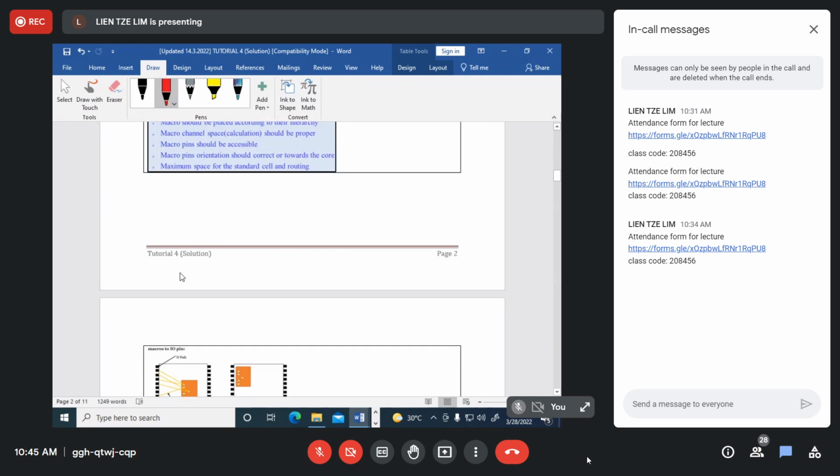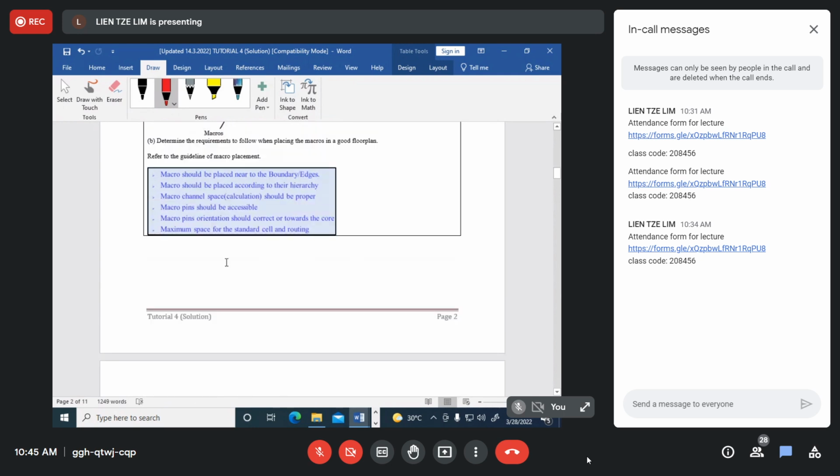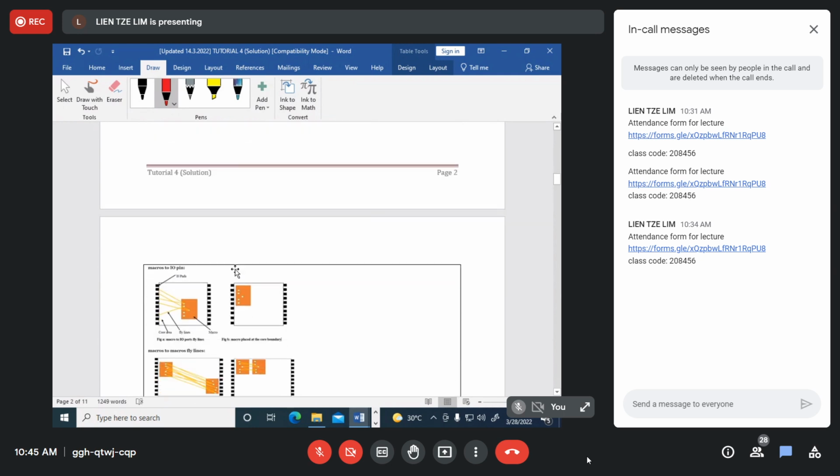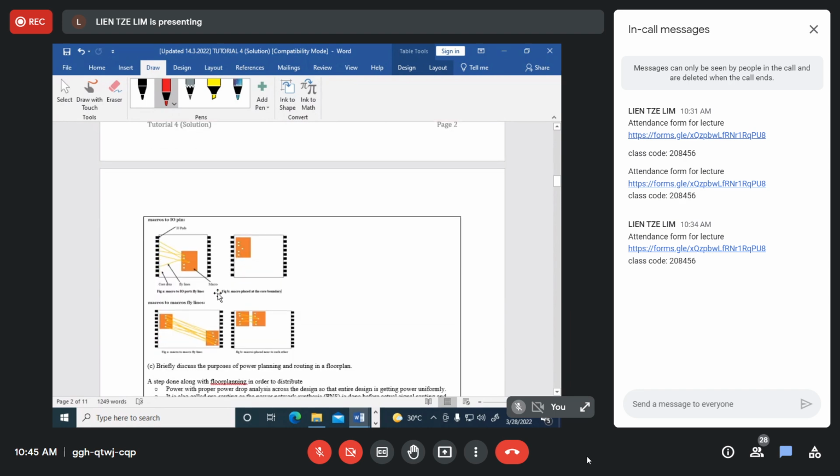For this one, there is a figure here that can illustrate that. You see these four figures here. These are the floor plans of a chip, with the input output ports.